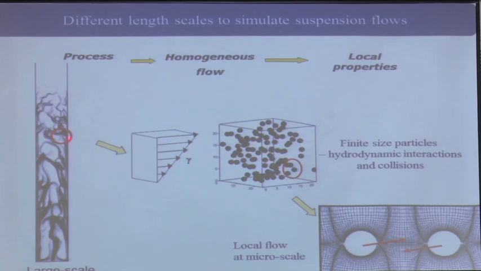And for that, you don't need to solve the flow at the scale of each particle. You cannot, but you don't need actually. You don't care if the particles are like this or like this or like this. What you want to see is the large scale of the system. So you are going to plug in models to be able to solve new equations, which are not the Navier-Stokes equations, that are able to reproduce the large scale motion of the particles, of the fluid, the interaction, and so on.